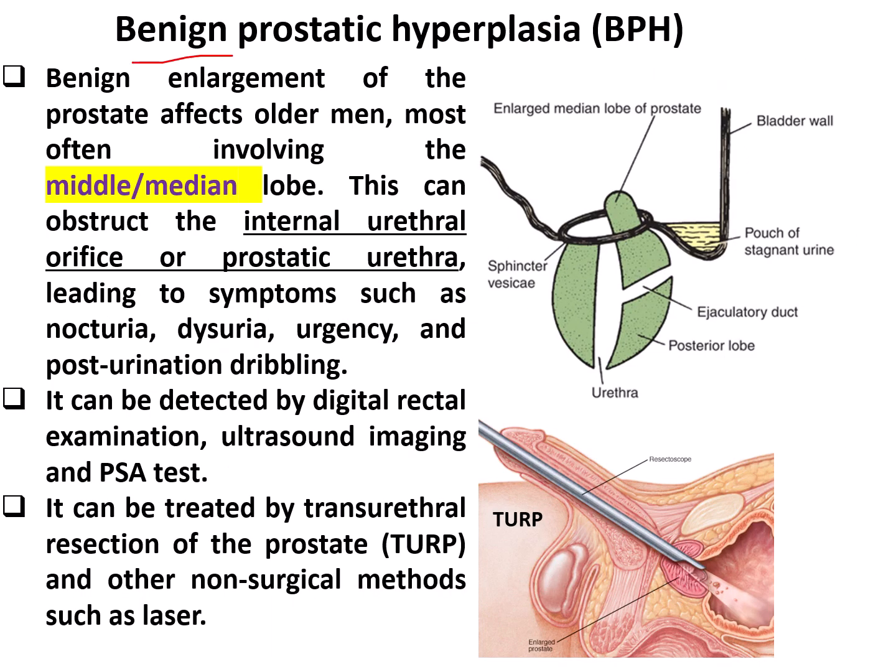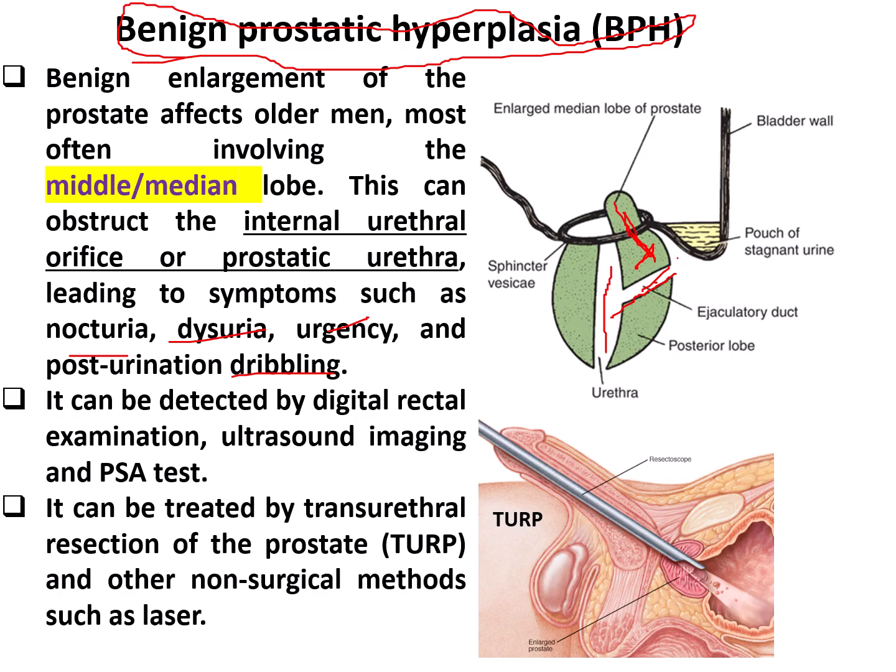Here is a slide showing how hyperplasia of the prostate, or benign or senile prostatic hyperplasia, can cause urinary symptoms such as nocturia, dysuria, urgency, and dribbling. As you see here, it is the median lobe, which is found between the prostatic urethra and the ejaculatory duct. As you see, the ejaculatory ducts penetrate the prostate from both lateral sides.